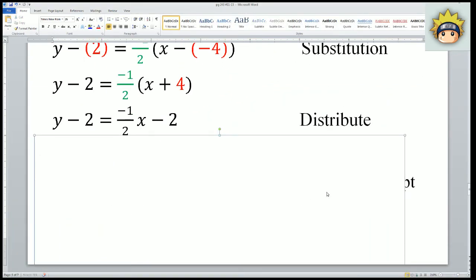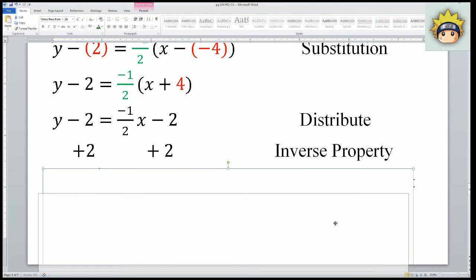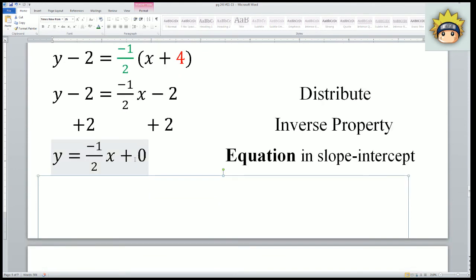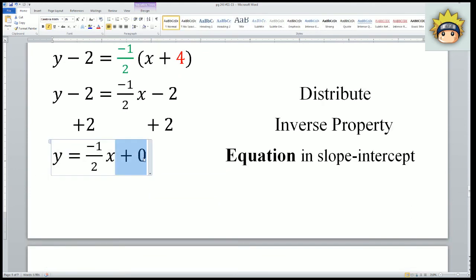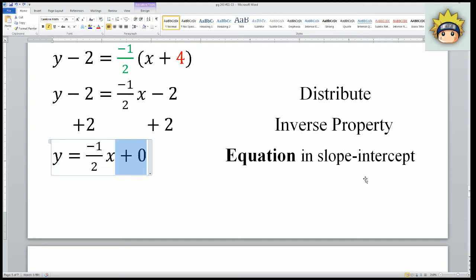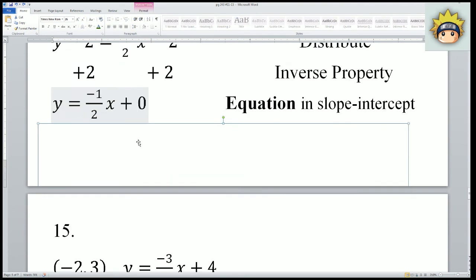There you go. Add 2 to both sides. You should have y equals negative 1/2 x plus 0. We don't technically ever want to write that plus 0. I just want to make sure you're aware that it does exist, but you might see it like this as well. Either form of the answer is correct.